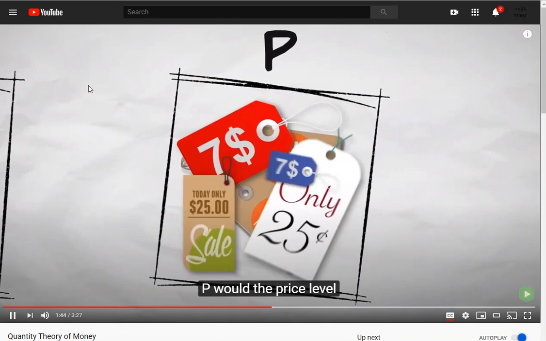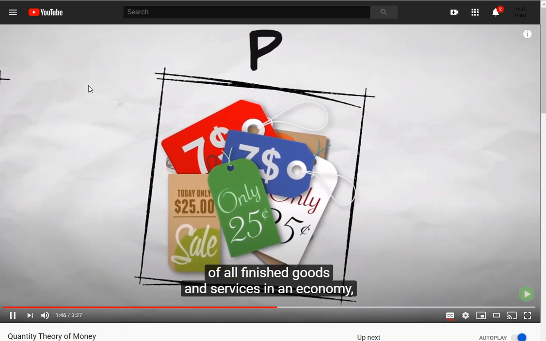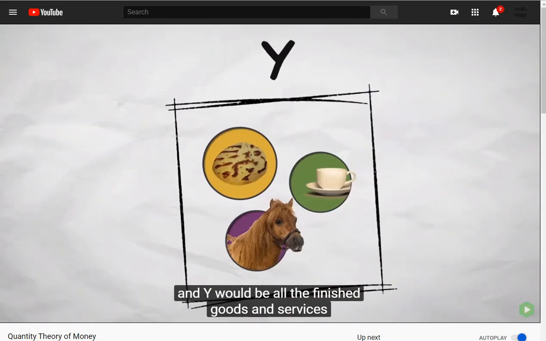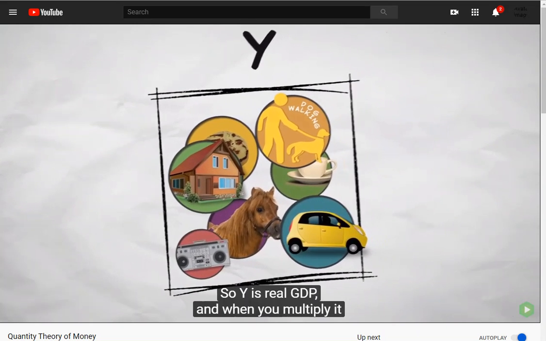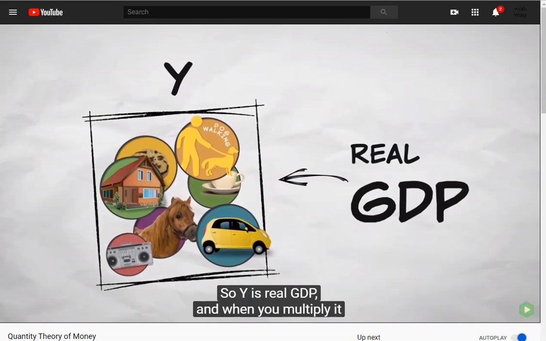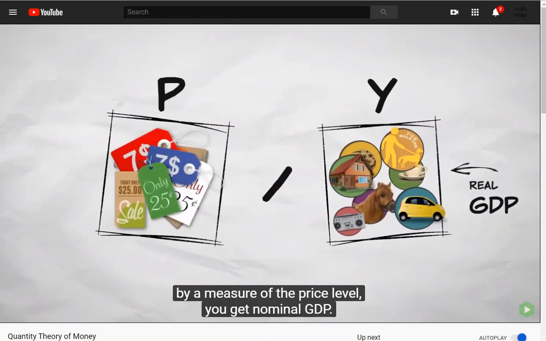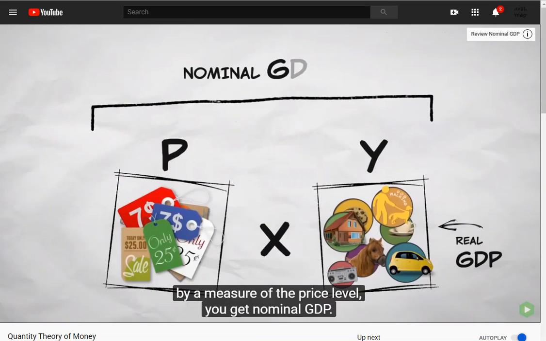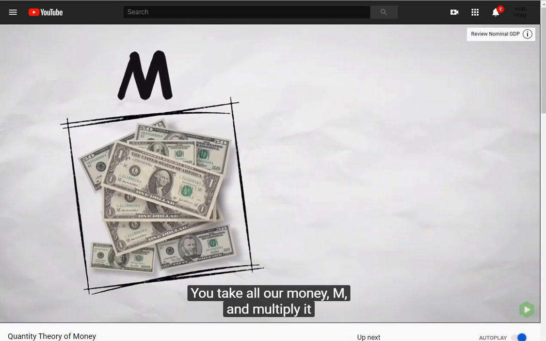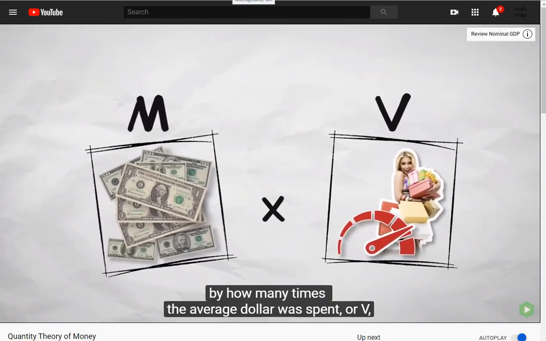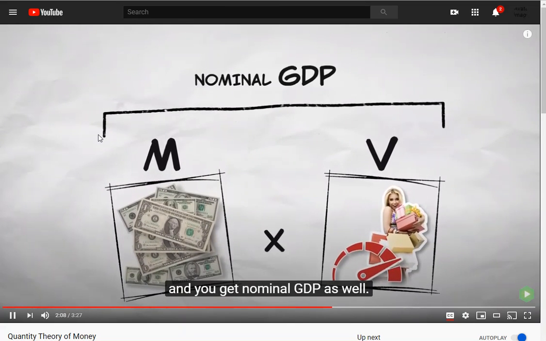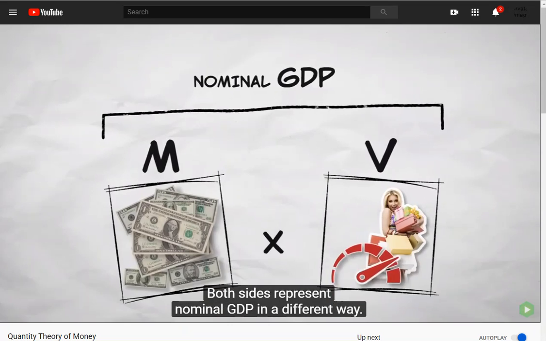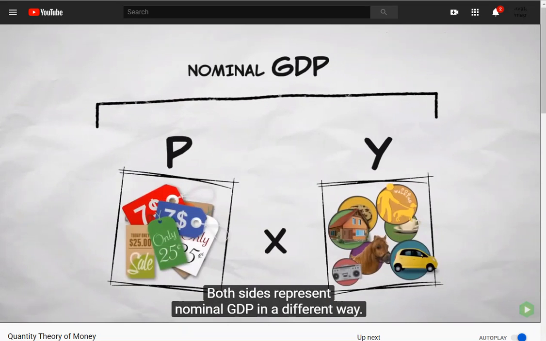P would be the price level of all finished goods and services in an economy, and Y would be all the finished goods and services sold in an economy. So Y is real GDP, and when you multiply it by a measure of the price level, you get nominal GDP. Same thing over here. You take all our money, M, and multiply it by how many times the average dollar was spent, or V, and you get nominal GDP as well. Both sides represent nominal GDP in a different way.